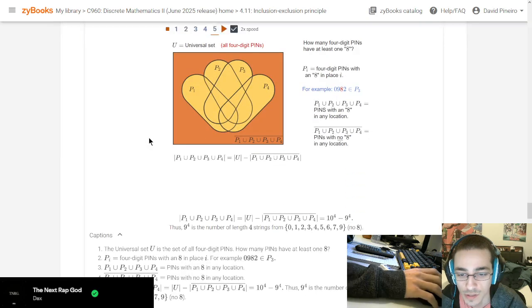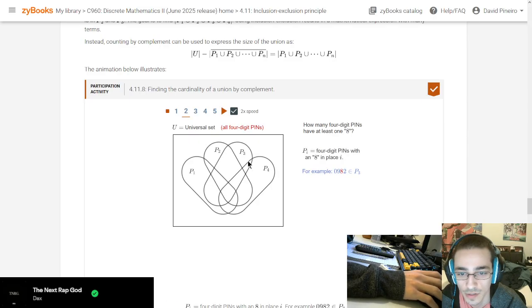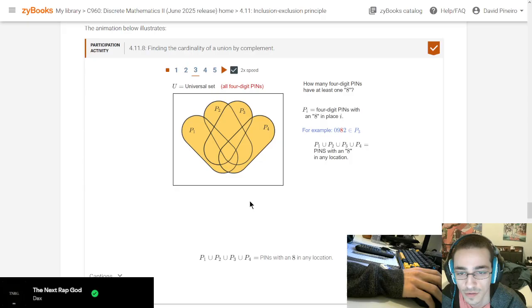Okay, so this, I might have to actually go through this. We have a set of all of the digits, and it looks kind of complicated. Oh, that's what they were trying to tell me. Even though it looks complicated, you don't use the complicated part. You just count the overall shape, in total what's in there, and then subtract that from the universe.